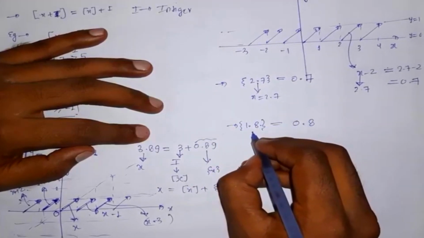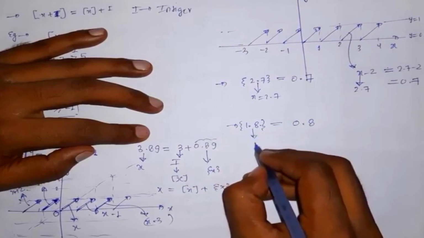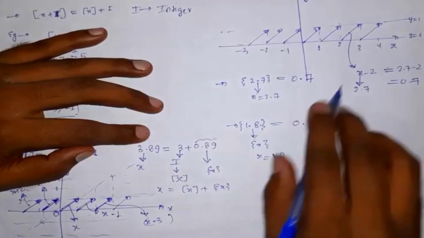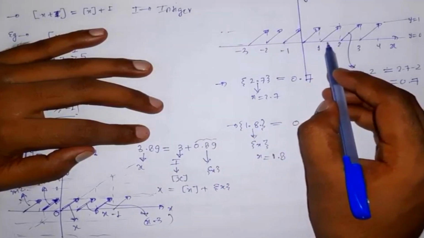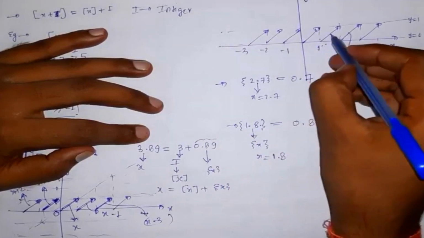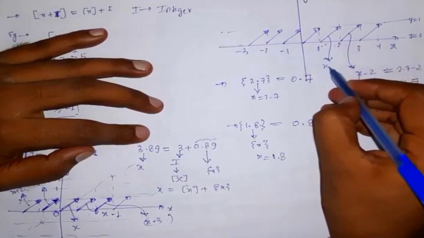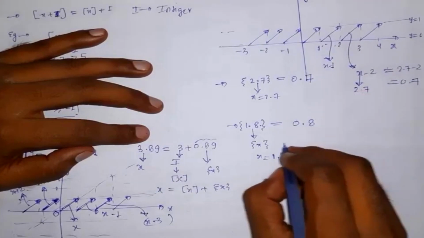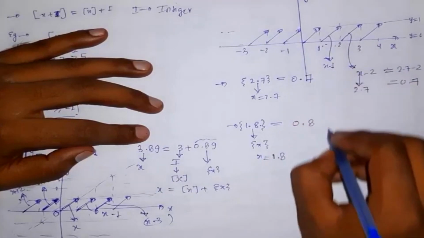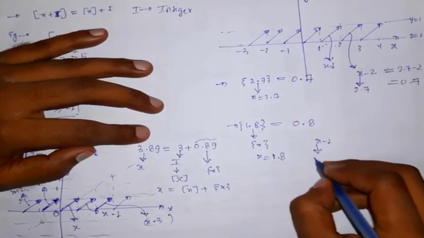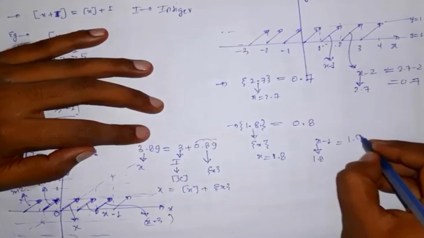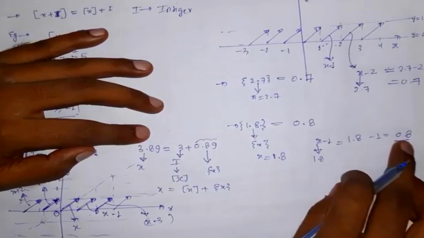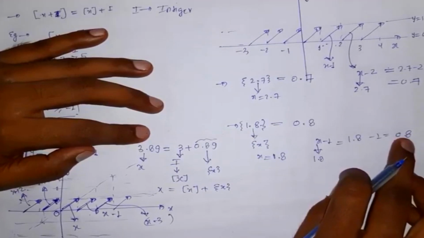But with the help of the graph, here x equals 1.8, which lies between 1 and 2. So we will use the line x minus 1. Here x equals 1.8, so 1.8 minus 1 equals 0.8. With the help of the graph we find the same value, 0.8.